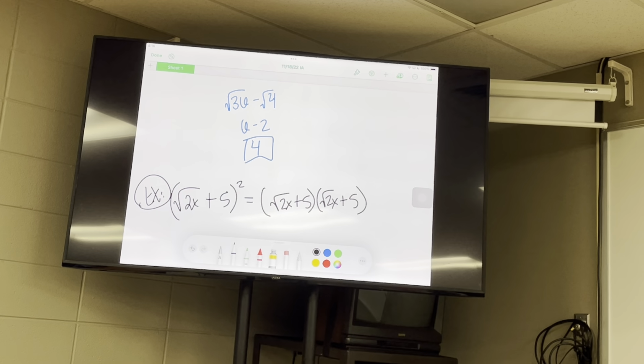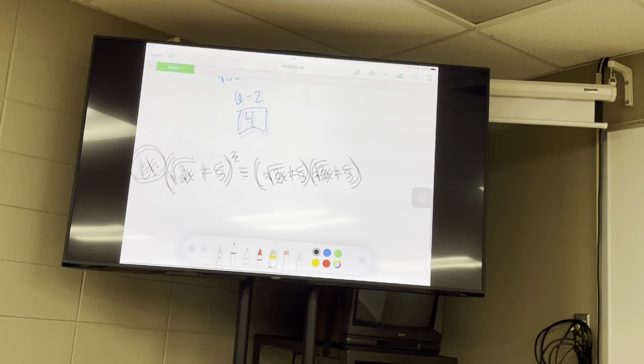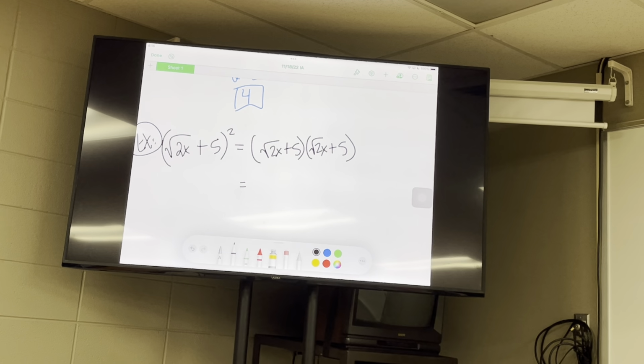Whichever one, once again. You make sure you copy, paste, FOIL, and then same as or similar to what we just did. So FOIL it out. So we have the square root of 2x times the square root of 2x plus 5 square root of 2x plus 5 square root of 2x plus 25.